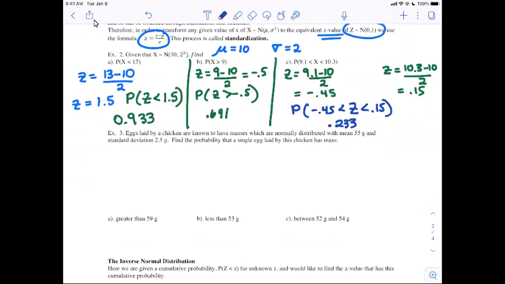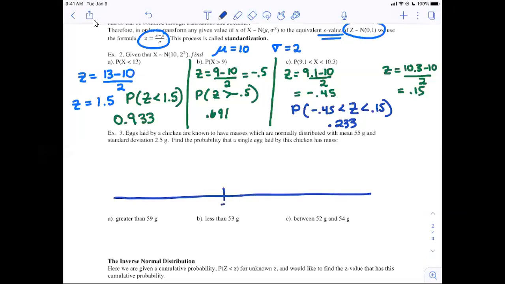It says eggs laid by a chicken are known to have masses which are normally distributed with a mean of 55 grams and standard deviation 2.5 grams. Find the probability that a single egg laid by this chicken has the following masses. First, I wanted us to draw a normal distribution curve.